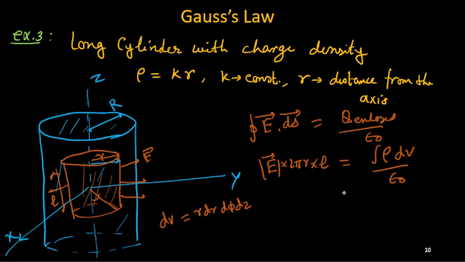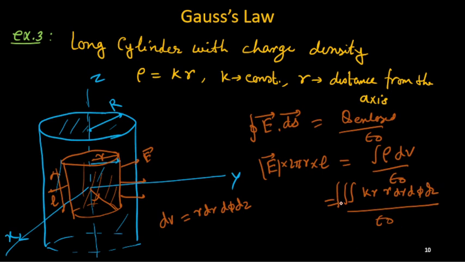So that I need to replace here. Okay, so this is rho, k into r, and dV I can replace with r dr d phi and dz, and this is upon epsilon naught, but it should be a triple integral, one for r, another for phi, and another for z.